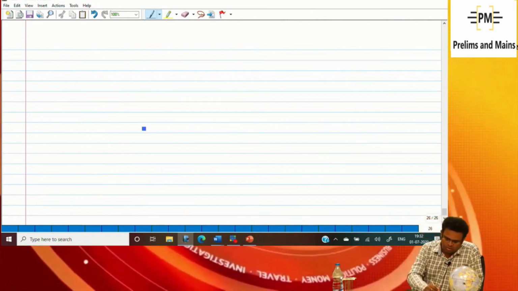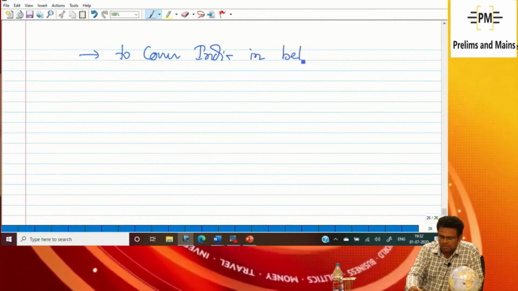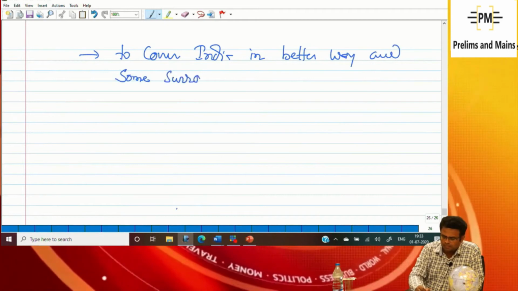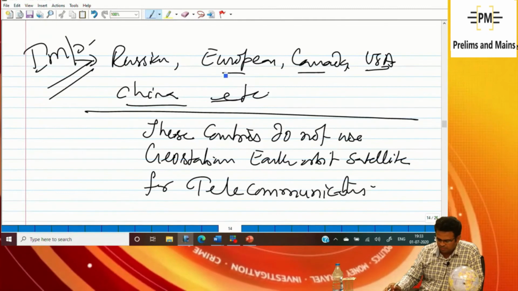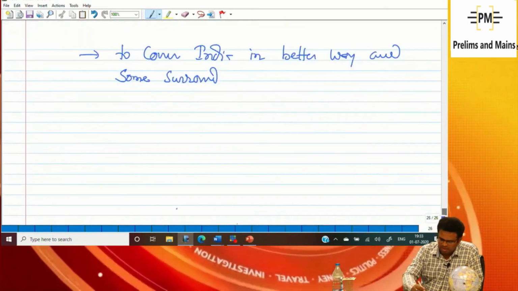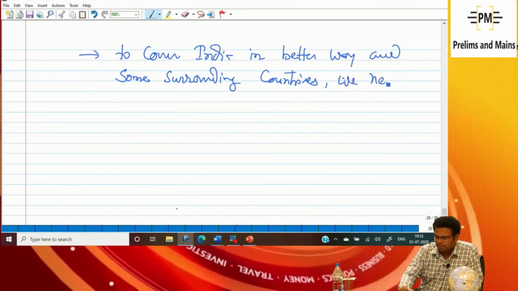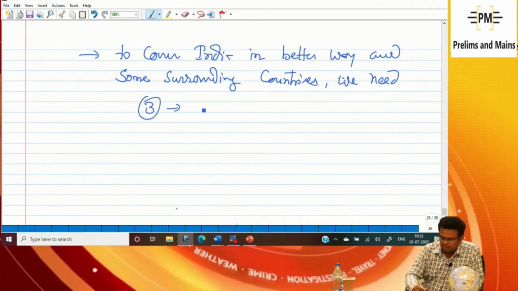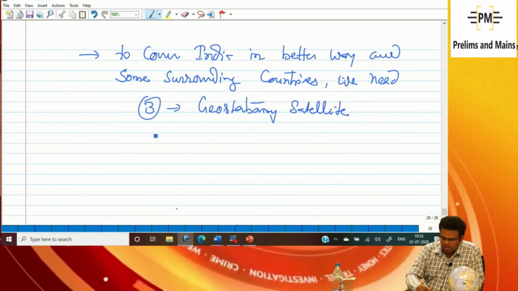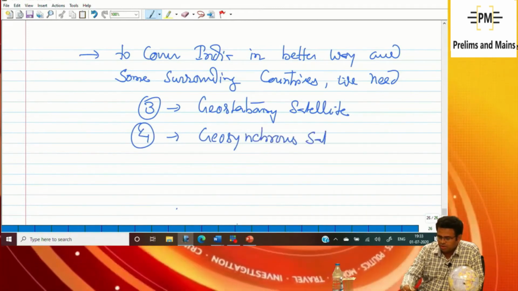So we can say that to cover India in a better way, and some surrounding countries, we need 3 geostationary satellites above the equator and 4 geosynchronous satellites.